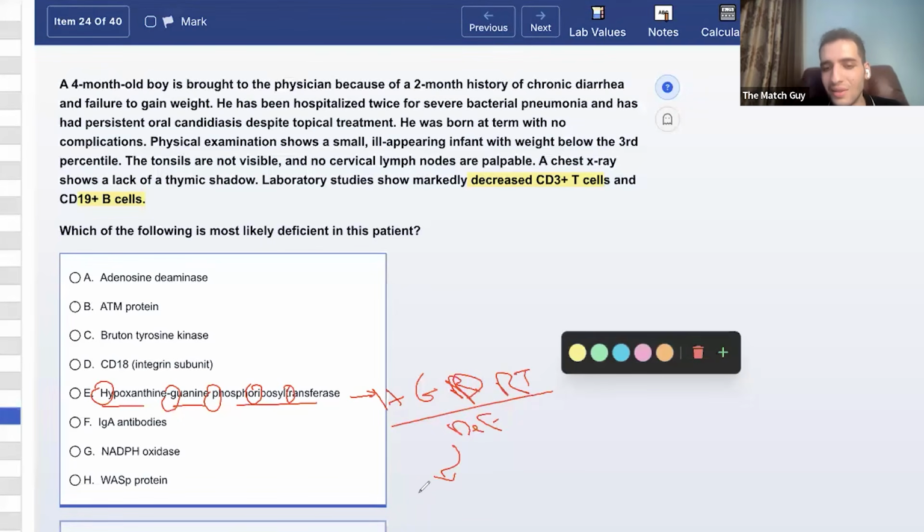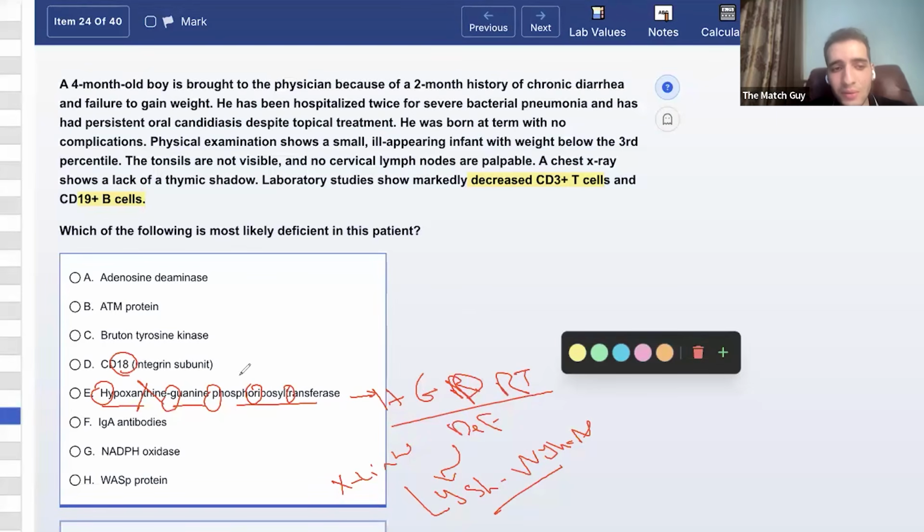That's usually a disease, as Anthony said, called Lesch-Nyhan syndrome. Okay, guys? And this one has nothing to do with immune deficiency. It's X-linked, so it affects the boys, and it usually causes too much uric acid and a severely aggressive boy. So it wouldn't be the right answer.